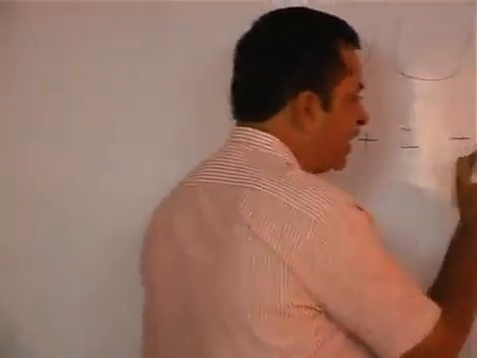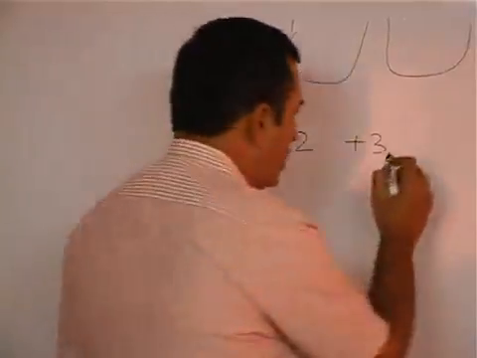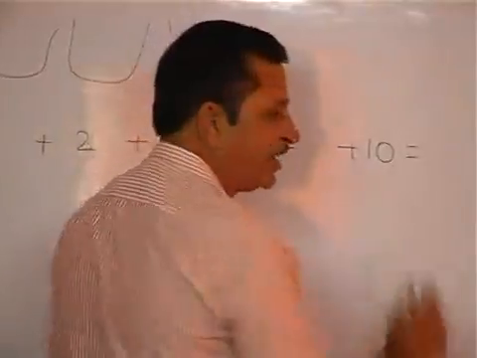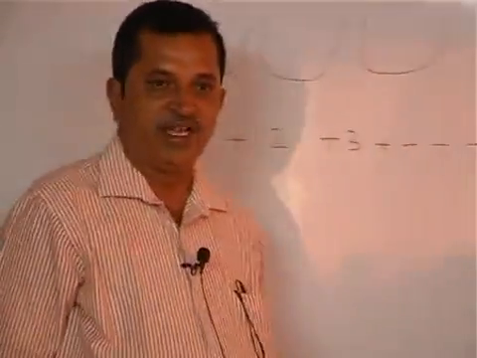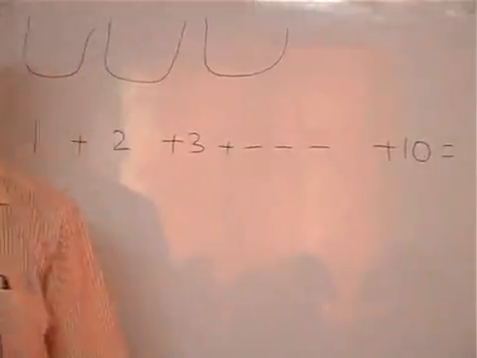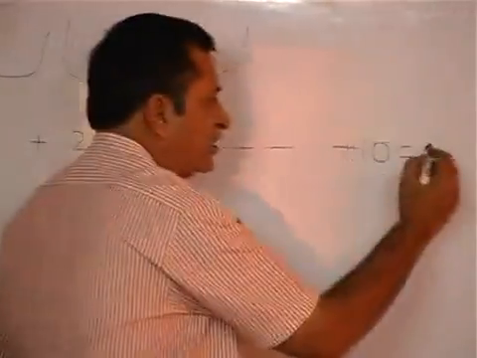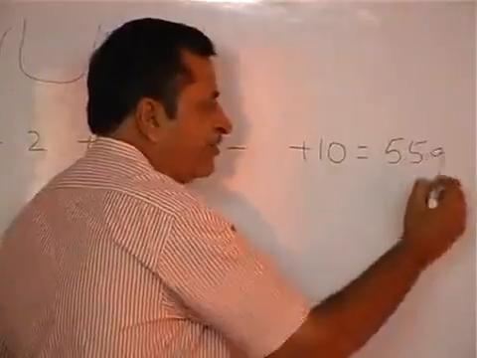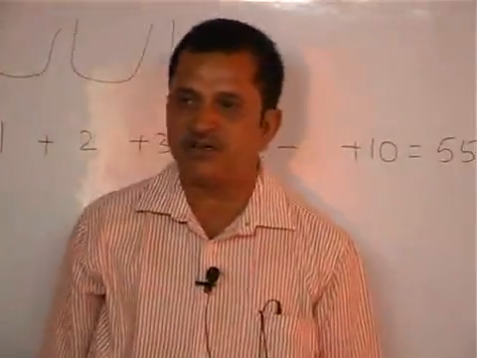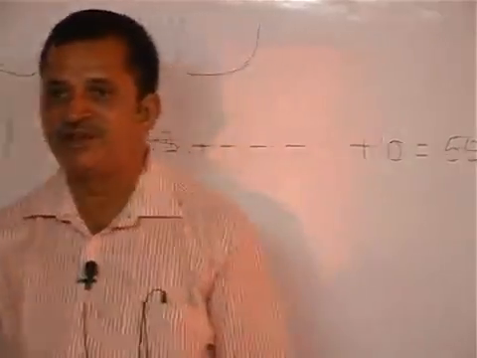From the third bag I will take 3 coins, and so on. From the 10th bag I will take 10 coins. If all are put together, I will put them in a weight box. If all are 1 gram coins, the sum should be 55 grams. 1 plus 2 plus 3 plus 4 up to 10, 55 grams. But if you weigh, it will not show 55 grams.